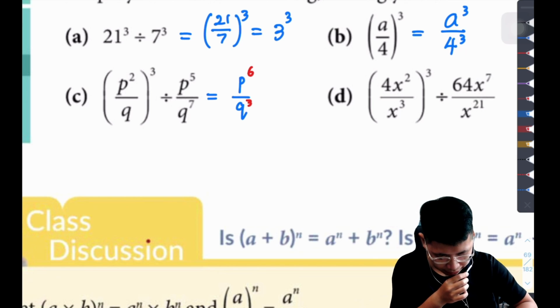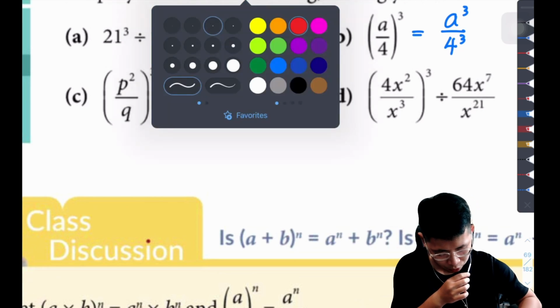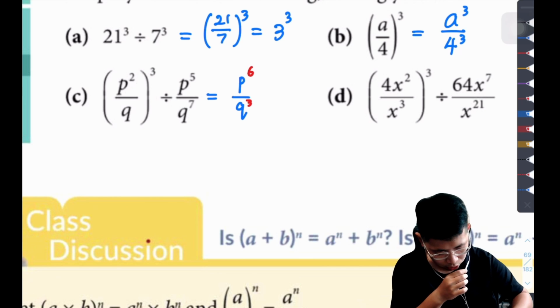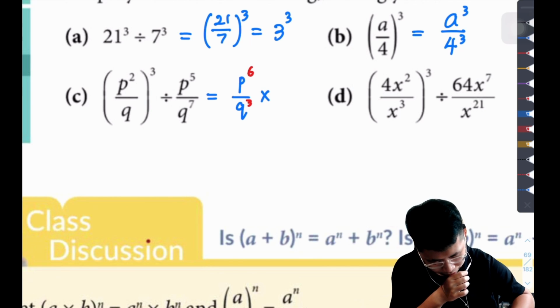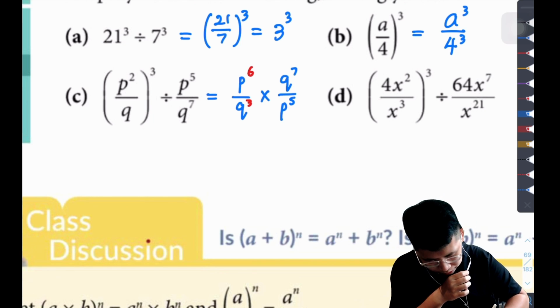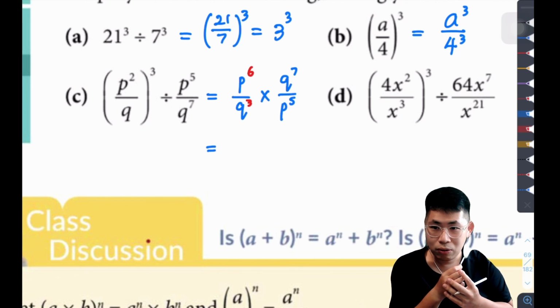Right? Then the next one is I can change the divide into a times. So I think you remember your keep, change and flip, KCF. So keep, change your sign, change the operation, and then you can flip your fraction. Right? So over here, let me just do our law of indices straight away.